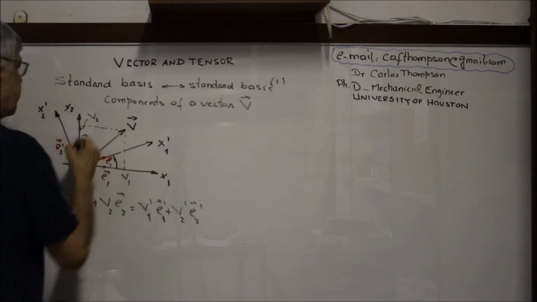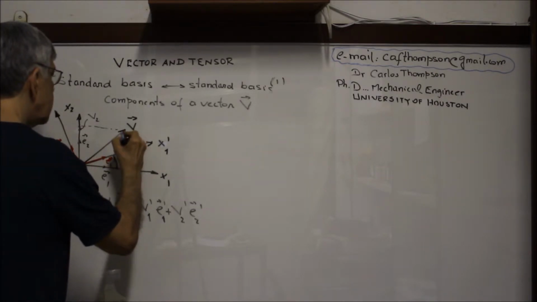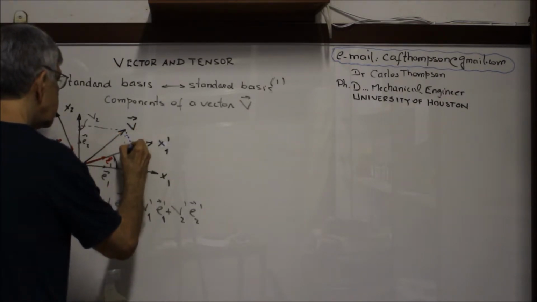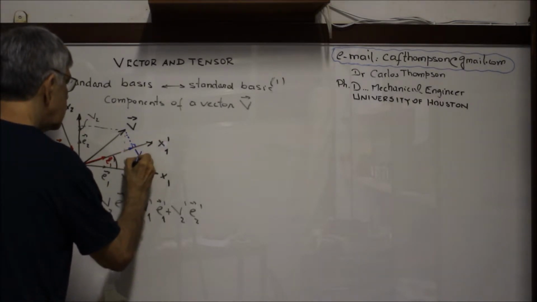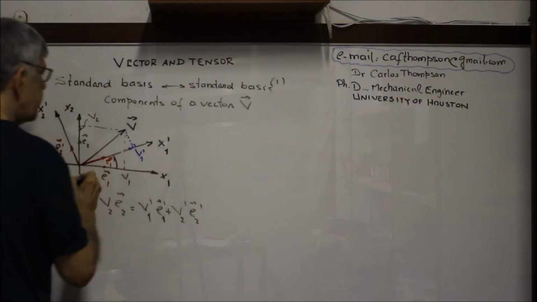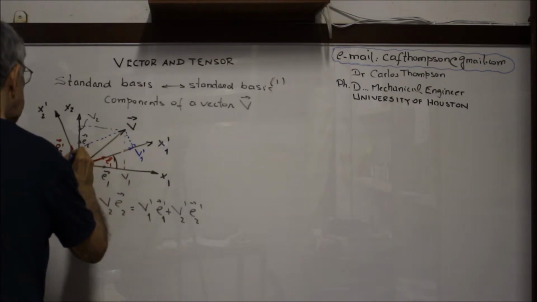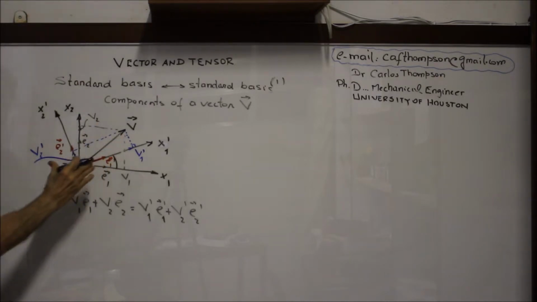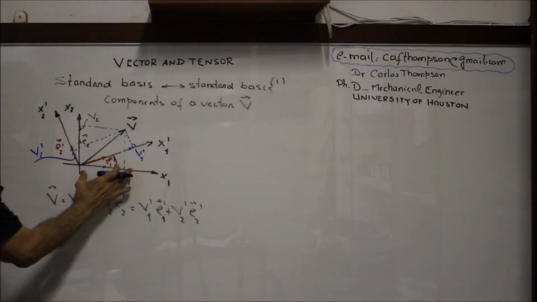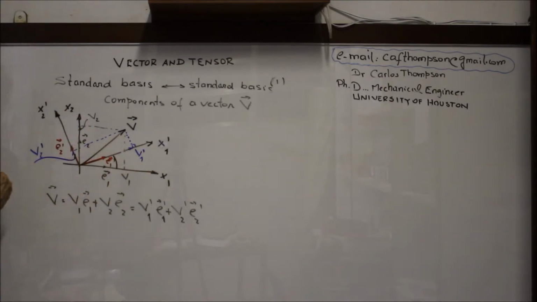The same V can be written in terms of V1 prime and also V2 prime. The same vector V can be written in terms of V1 and V2, and V1 prime and V2 prime. This is written here.